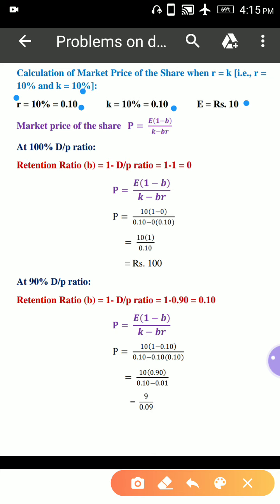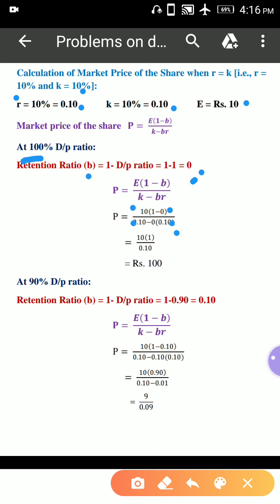Market price of the share P is equal to E into 1 minus B, divided by K minus BR. Now at 100% dividend payout ratio, as we calculated earlier, the retention ratio will be 0, because 1 minus dividend payout ratio is 1 minus 1, that is 0. Now the E value will be the same, 10 rupees, 1 minus B the same, 1 minus 0, divided by the K value, the same, 0.10 minus B value 0, 0 into R, here the R value will be changed, R value will be 0.10.